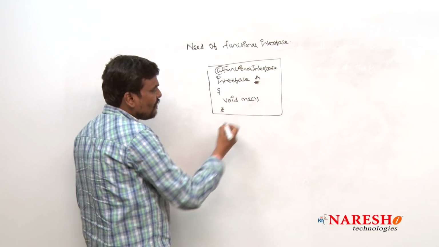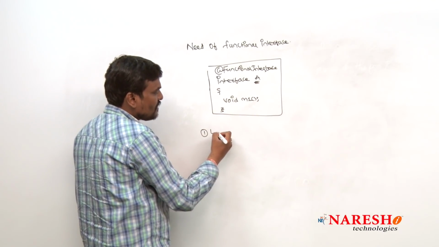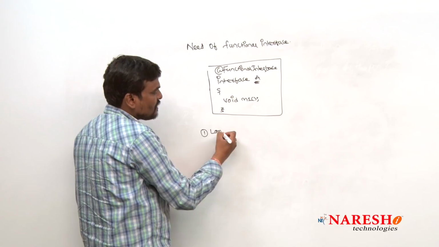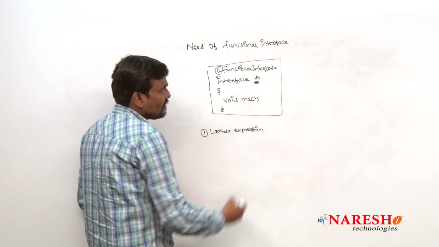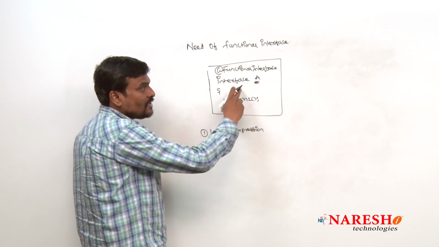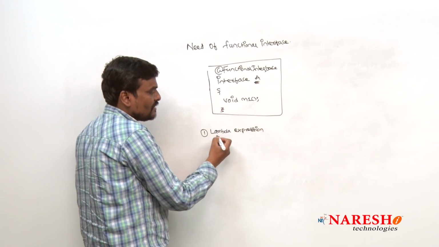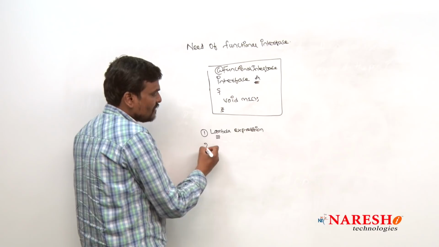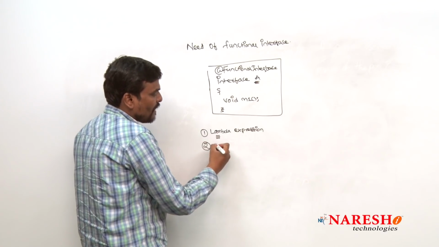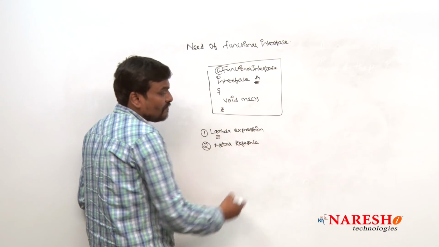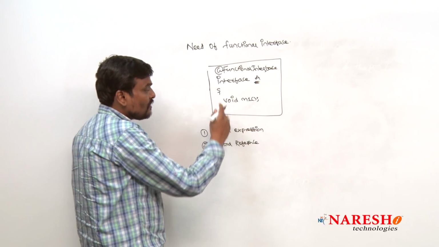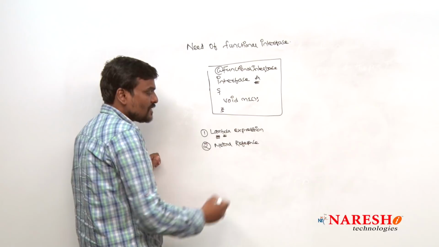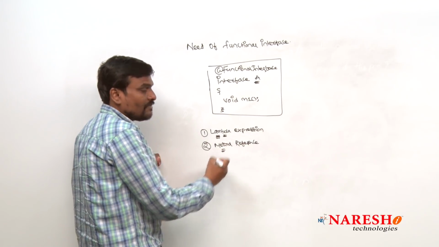The implementation of a functional interface can be used as a lambda expression, or it can be a method reference.